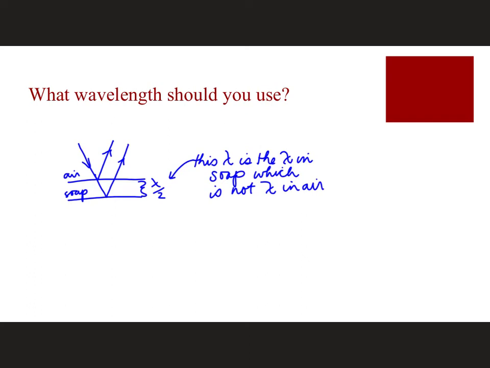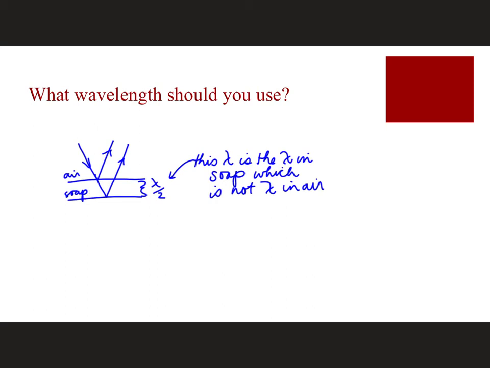But we're not quite done yet. One last thing to think about is what wavelength are we really using when we talk about the path difference. So if I have a certain wavelength coming in here from air, and then it goes into our soap film, for example in this case, when it's traveled from one medium to the other, we know that it has slowed down because this is more optically dense.